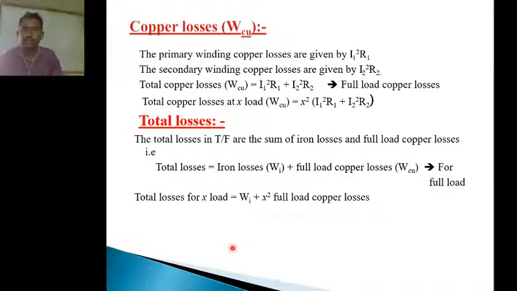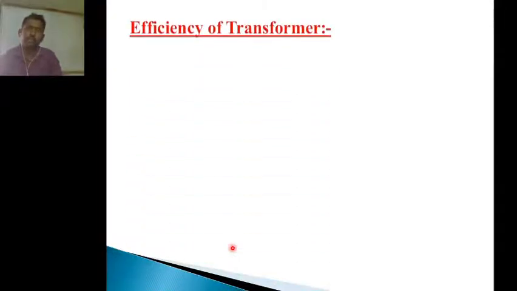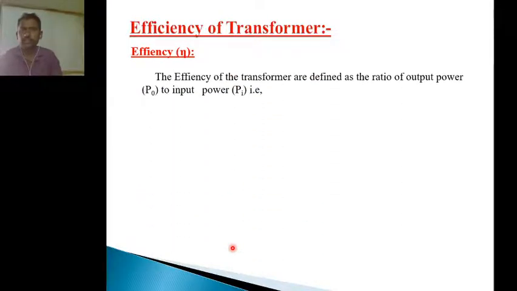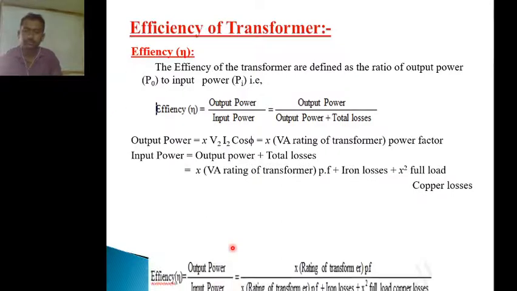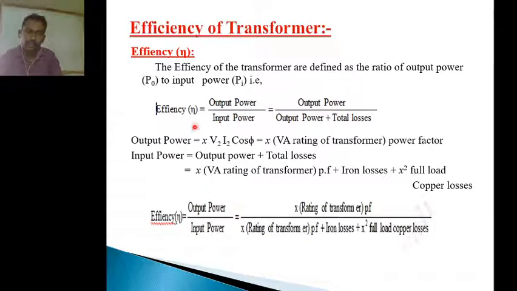So next, coming to the efficiency of the transformer. What is the efficiency of the transformer? First, what is efficiency? The efficiency is nothing but the ratio of the output power to the input power. So efficiency equals output power by input power, that equals output power divided by output power plus losses.